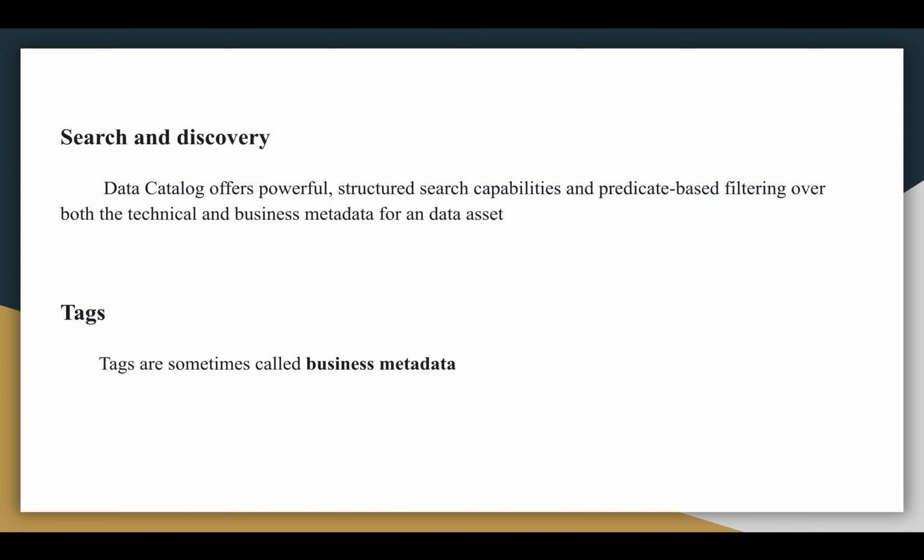The tags are attached to the data assets so that they can be discovered in the data catalog system. Using this feature, we can also build additional applications that consume this contextual metadata about a data asset and take further actions. So tags are sometimes called business metadata. Metadata is nothing but data about the data.